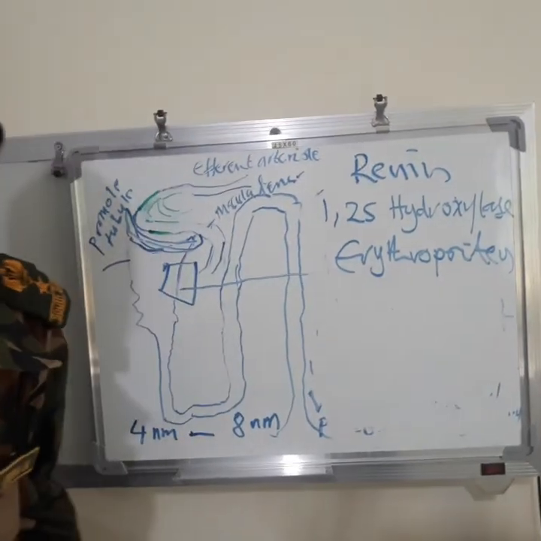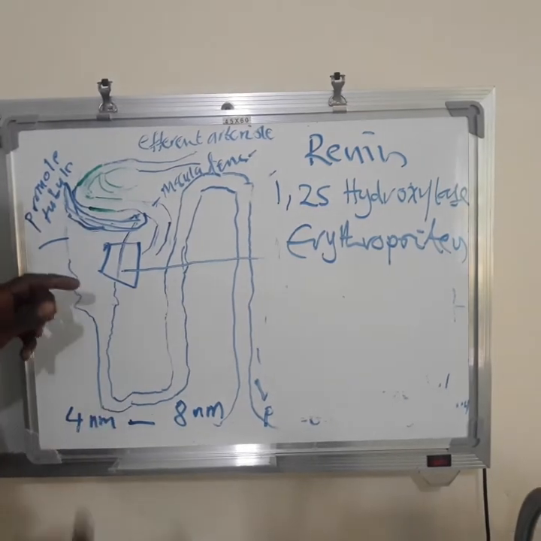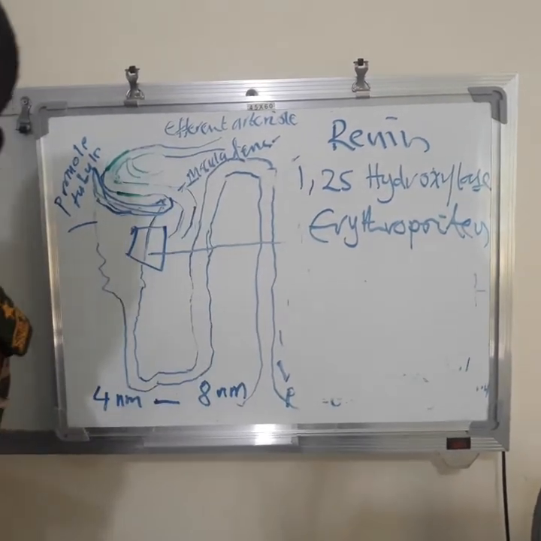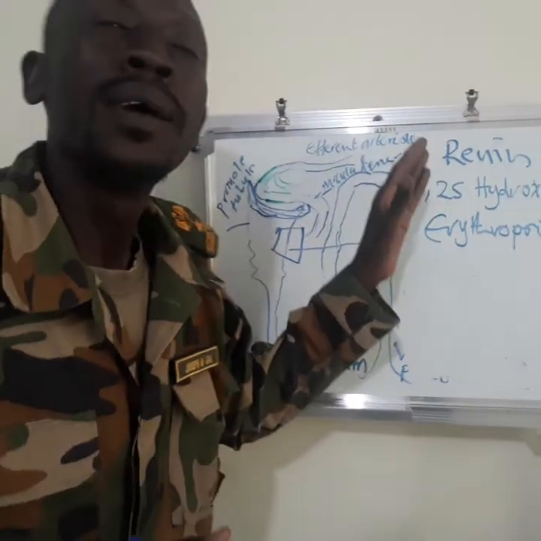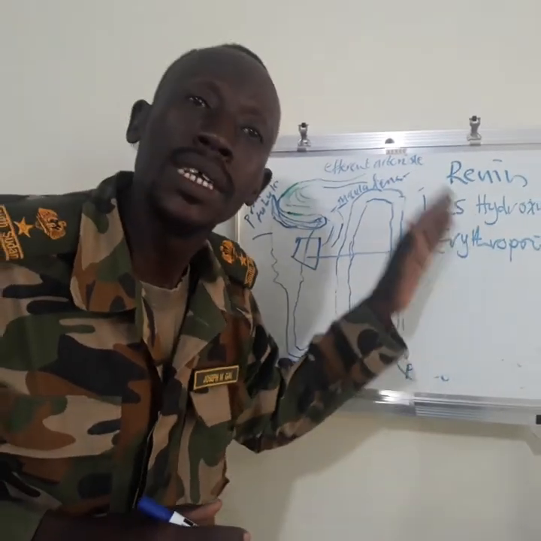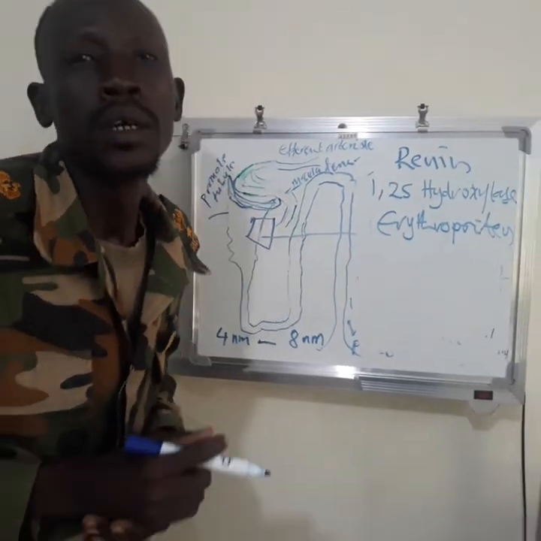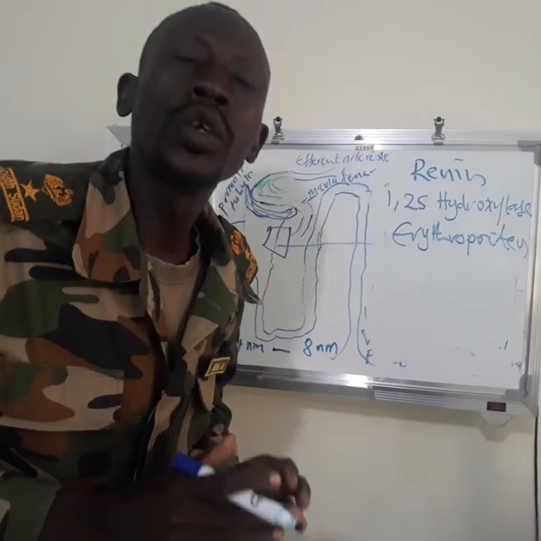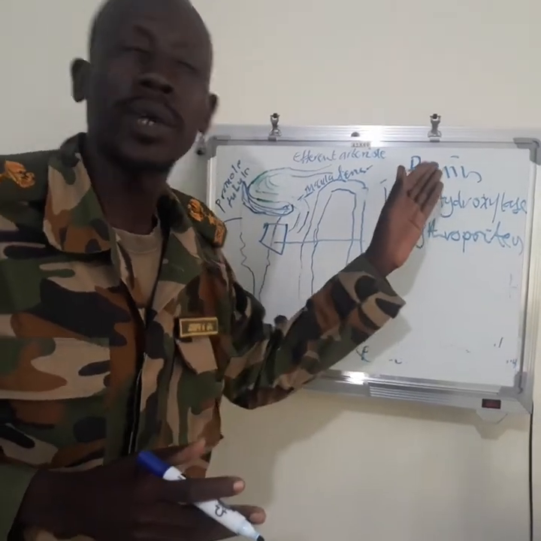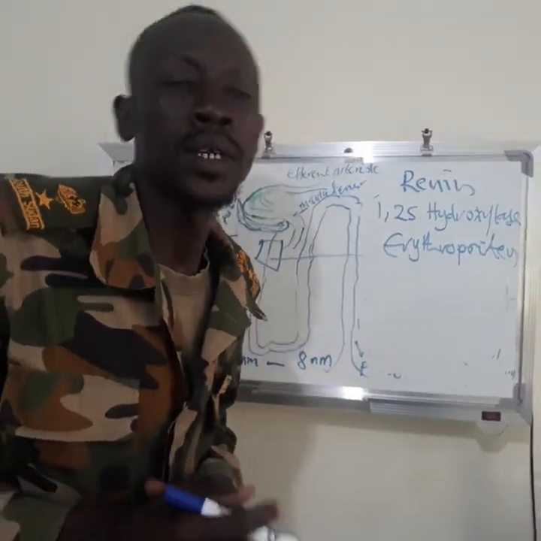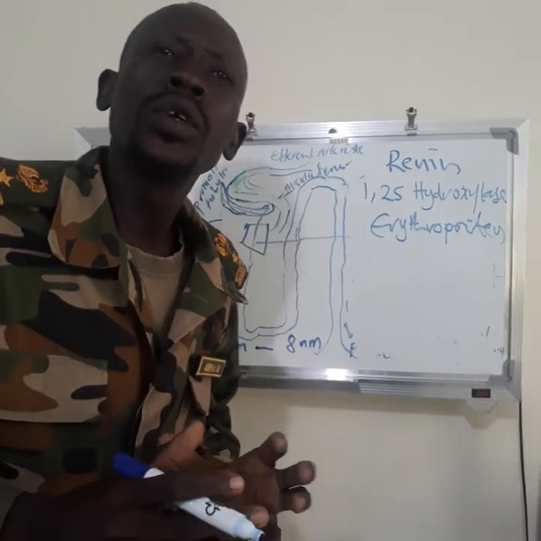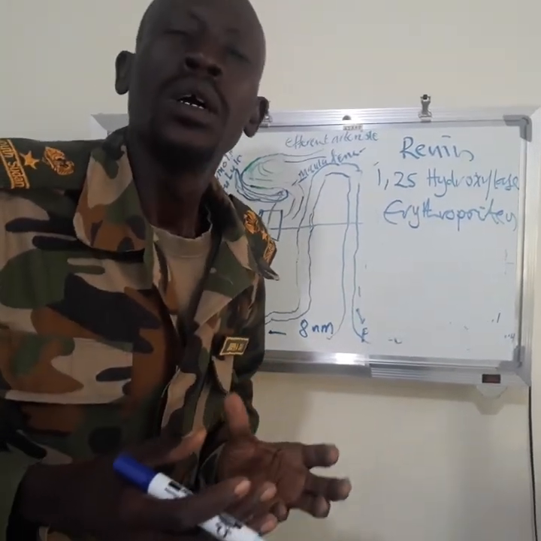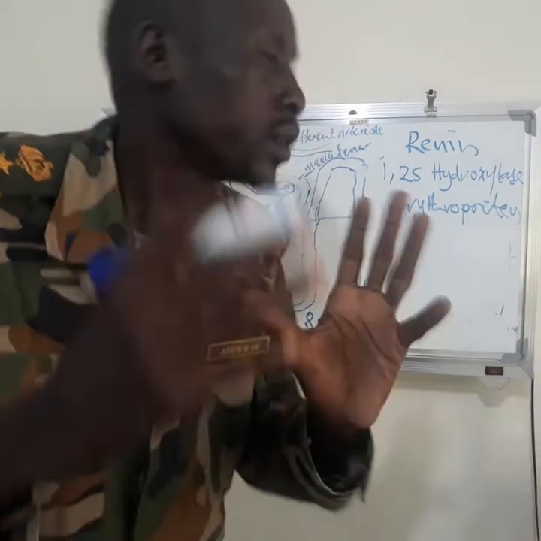Renin is produced by the macula densa cells, and the function of this enzyme is to convert angiotensinogen into angiotensin 1.